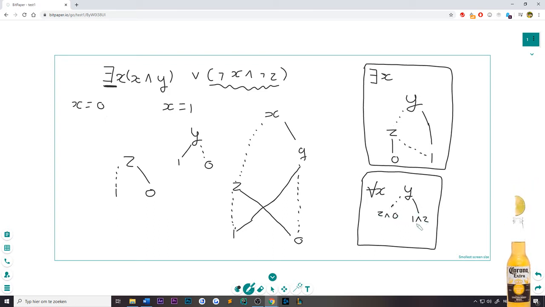We know that 1 and z is going to be z, and z and 0 is going to be 0. From z, this one goes to 1 and this one goes to 0. And so this is the OBDD for all x. That's question 6 for week 5.